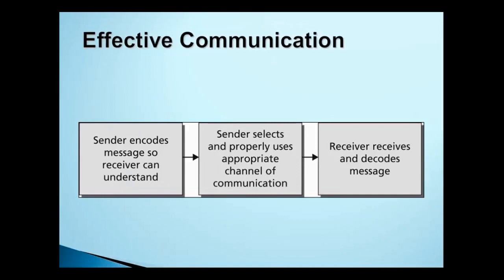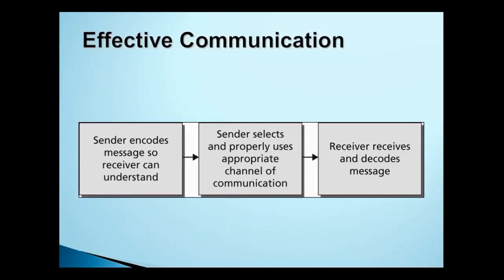So because we said communication is a big piece here, I thought it would be a good idea to discuss effective communication for a minute. It's a very complicated process, and I'm going to give it about 2 minutes of explanation here, but we're going to talk more about this in class over the next couple of weeks. So the basics of communication is that the sender encodes a message so that it can then be sent to others.